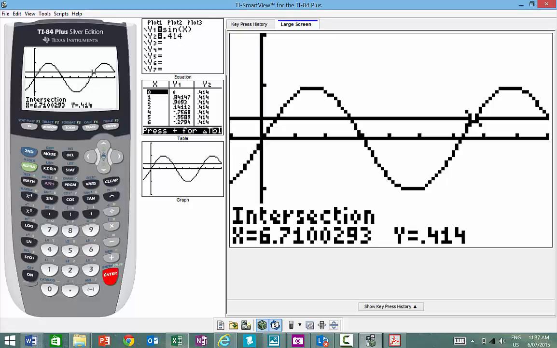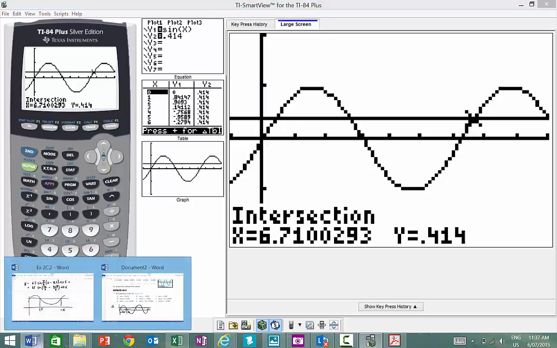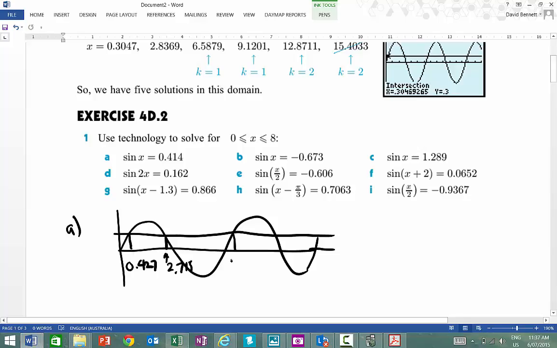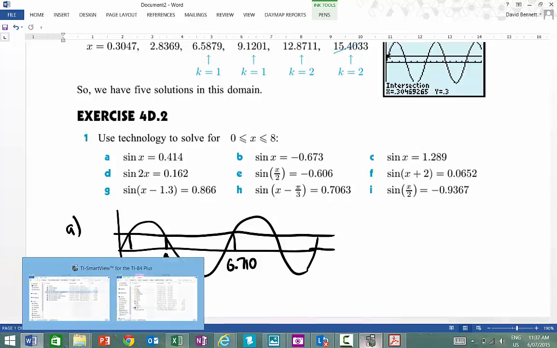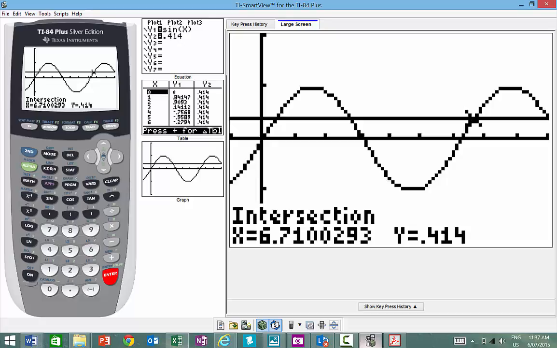So that there is 6.710, and so therefore I've found my points. Is there another point that fits in there? I don't know if it actually fits in that region. So that's the points that I'm considering. There are 3 points that fit that information.